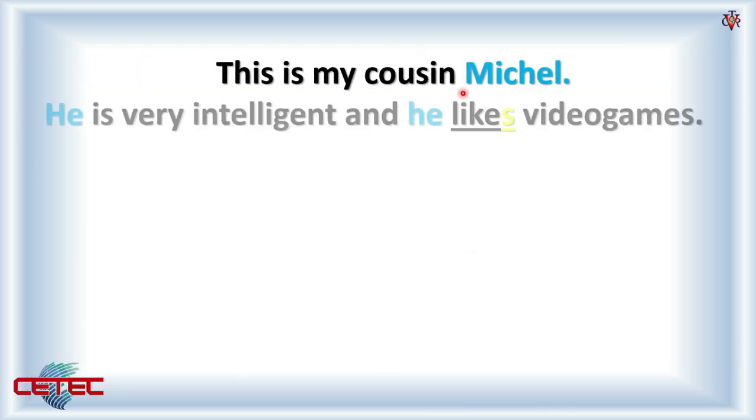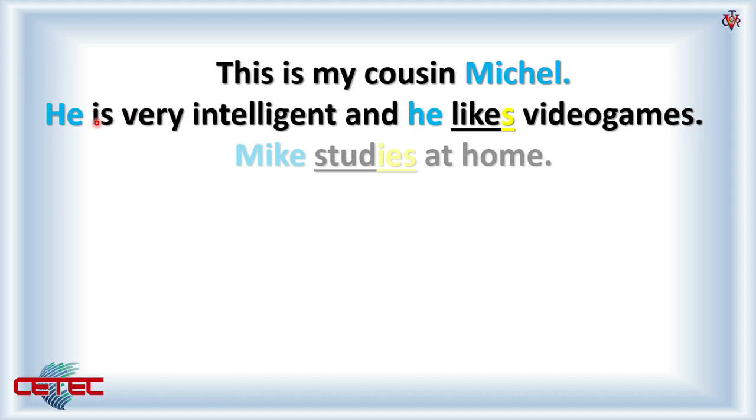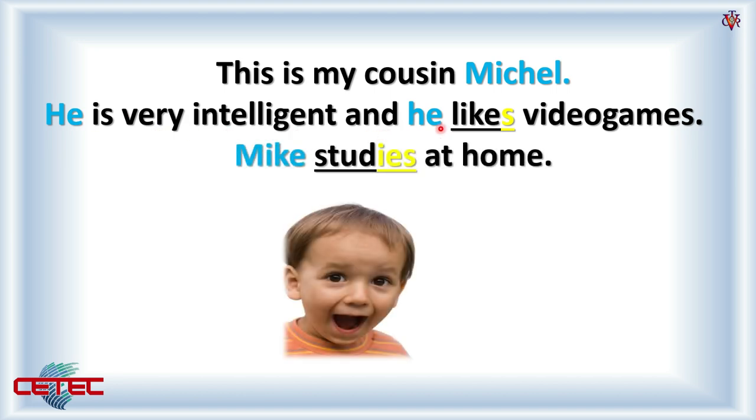This is my cousin Michael. He is very intelligent and he likes video games. Mike studies at home. Here we are talking about he. He is a man. If you know his name, you can use his name or nickname.